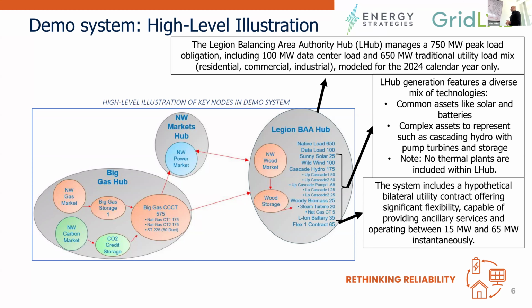In the Legion BAA Hub, we also have one hypothetical bilateral utility contract, called Flex 1, which can provide ancillary services and operate between 15 to 65 megawatts instantaneously.